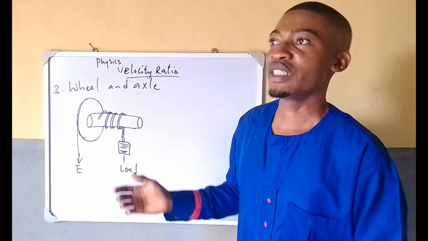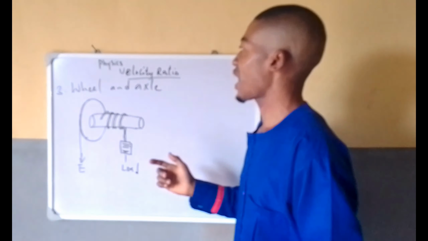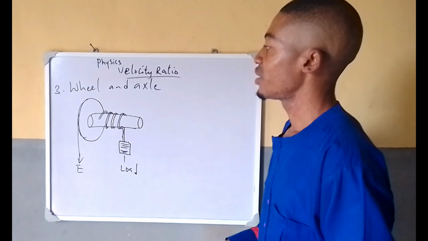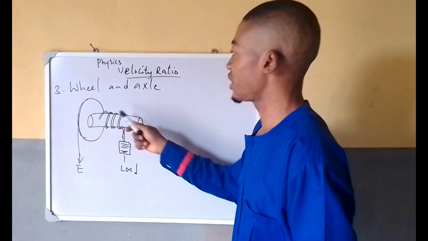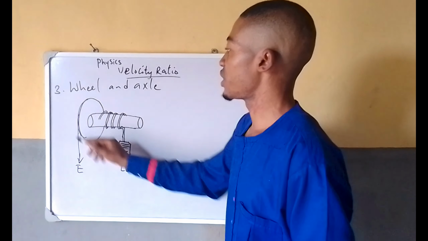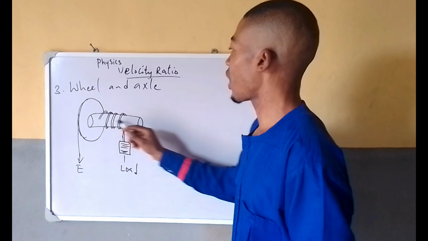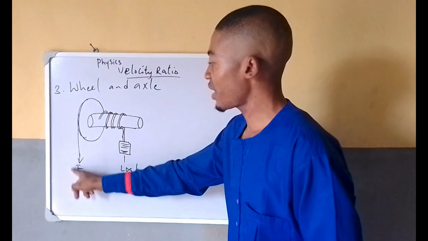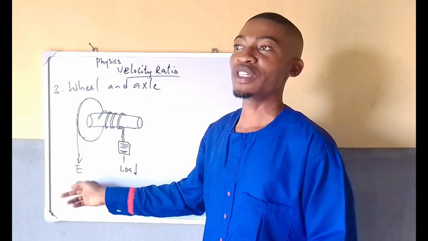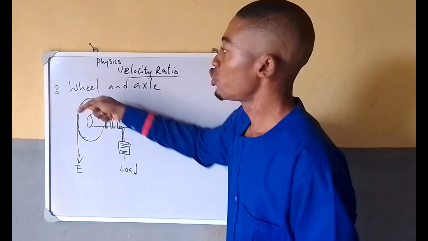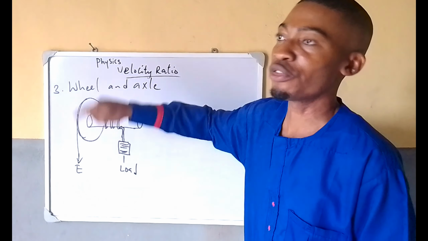The next machine is wheel and axle. Third machine, wheel and axle. So if you look at this machine here, it has the wheel, which is this, and this other one is called the axle. So what happens is that you apply a force here. This force will turn this wheel through a series of what?